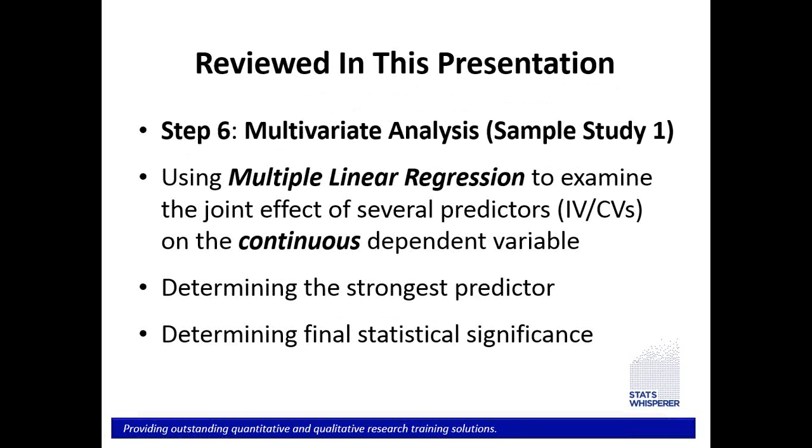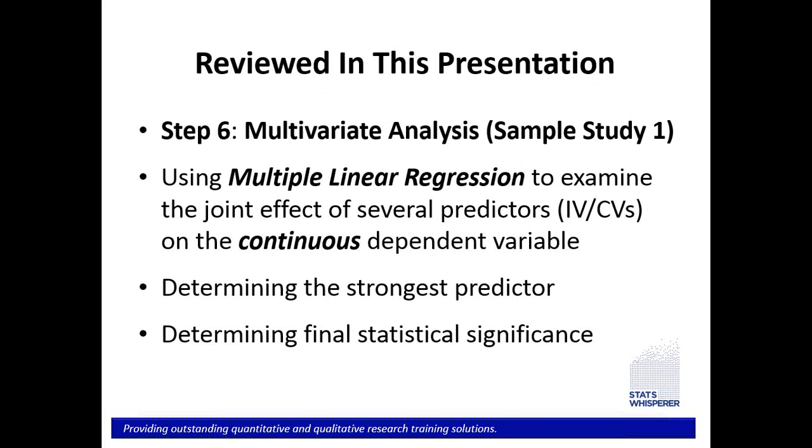Okay, in this presentation, we are going to review Step 6 multivariate analysis for Sample Study 1. Specifically, we're going to be using multiple linear regression to examine the joint effects of several predictors, which are independent and covariate variables, upon our continuous dependent variable happiness.